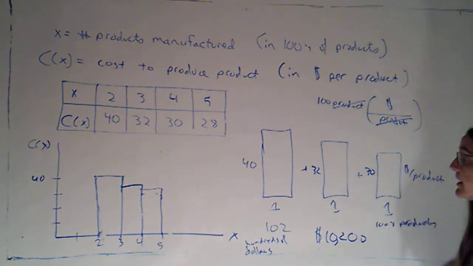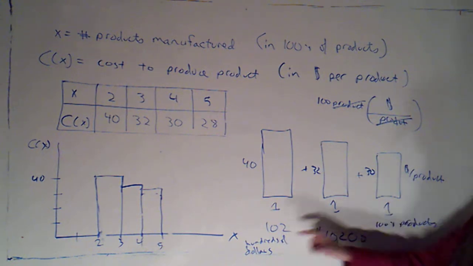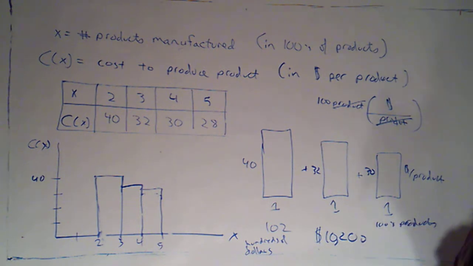So we're talking about an amount of money. The units that come out of this are hundreds of dollars, and then I just convert that to dollars because that's a little bit simpler to work with.